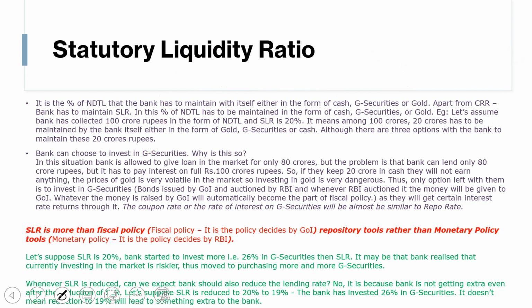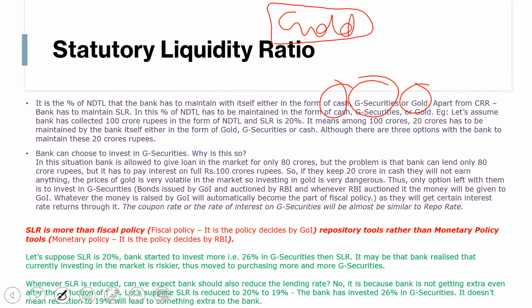Now, which thing will the bank choose? Cash, G securities or gold? There is a problem with gold, and the government also does not suggest that any customer, the people of India, buy gold, because there is a loss in gold, as the price of gold is very volatile in the market.